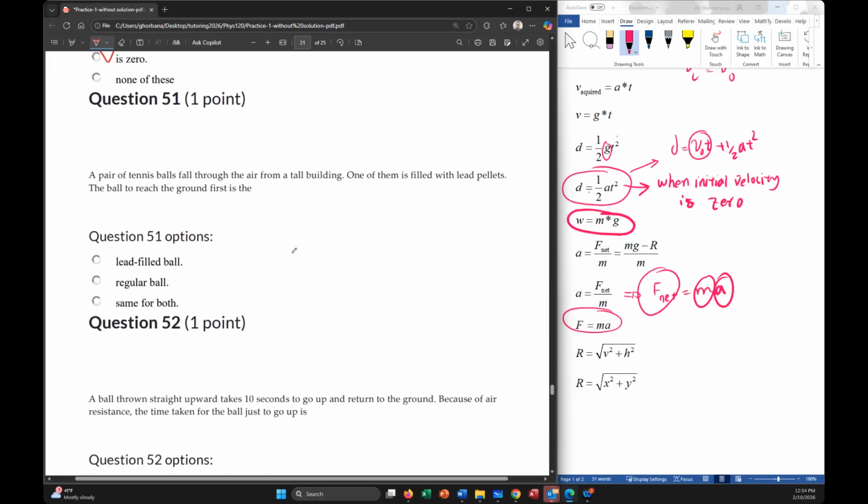Okay, 51. A pair of tennis balls fall through the air from a tall building. One of them is filled with lead pellets. The ball to reach the ground first is the lead-filled ball, regular ball, same for both.